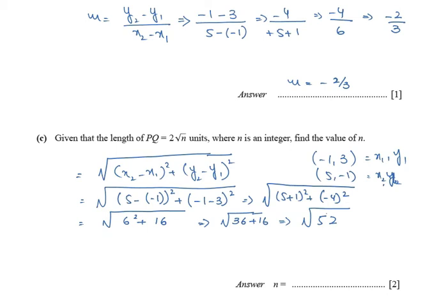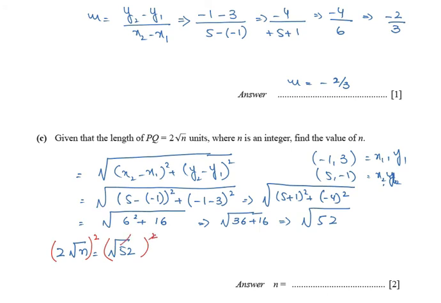They said that the length of PQ is 2 under root n. So it means we can keep under root 52 equal to 2 under root n. Now we take a square on both sides, because we have to remove this square root. So it will be (2 under root n) square and (under root 52) square.